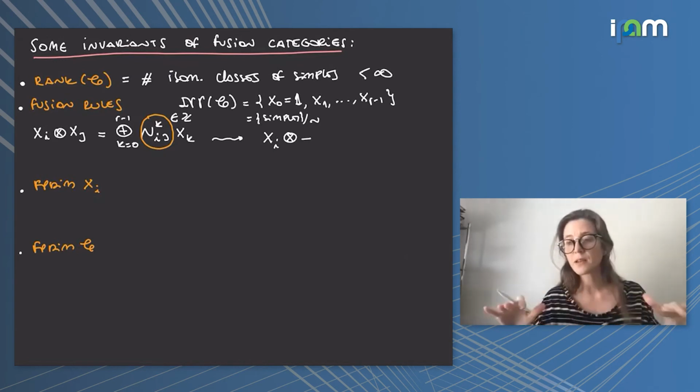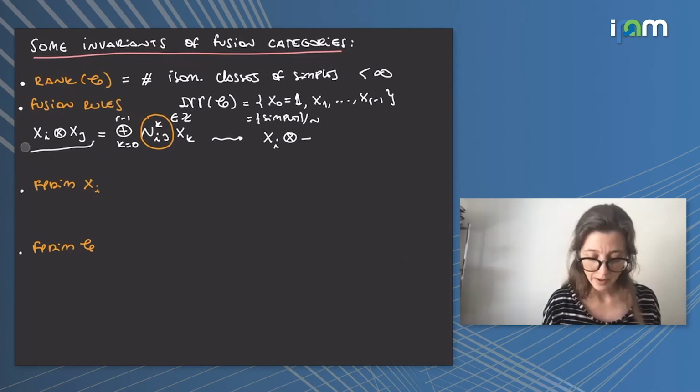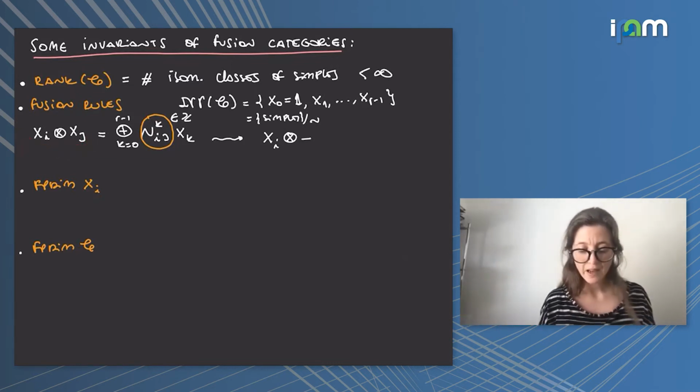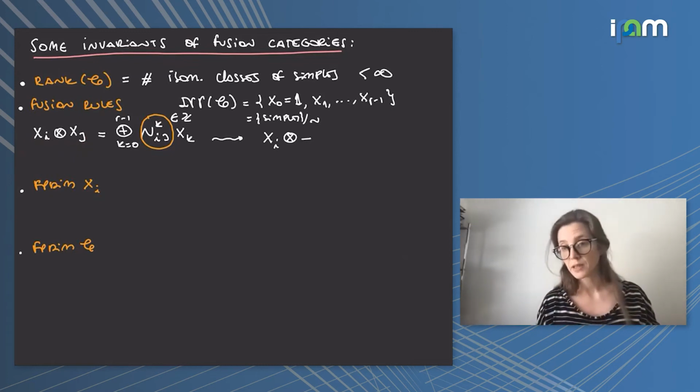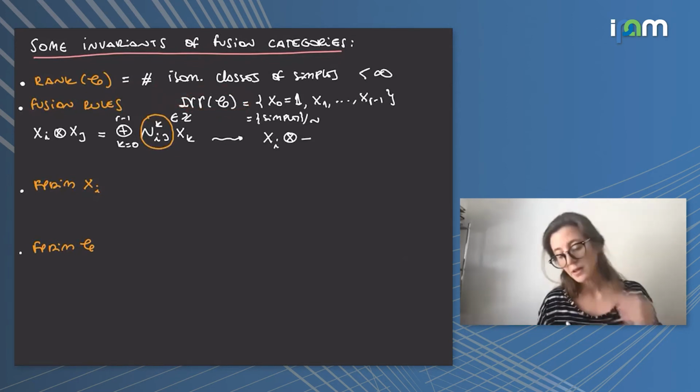I could just think about the operations of tensor product, direct sum and duality, the rigidity, and that will give me a nice ring structure. It is called the Grothendieck ring, and it's a ring generated by these simple objects over the integers.